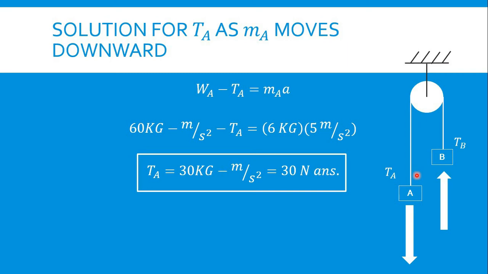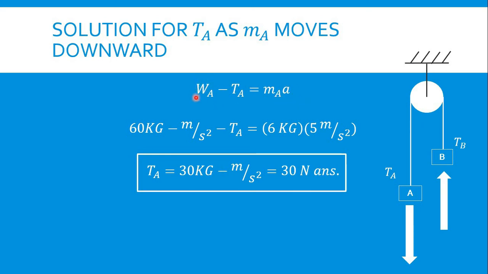So, the solution for finding tension A as mass A moves downward. Here is the diagram of problem number 2. We can formulate a formula from this diagram: weight A minus tension A is equal to mass A multiplied by acceleration.